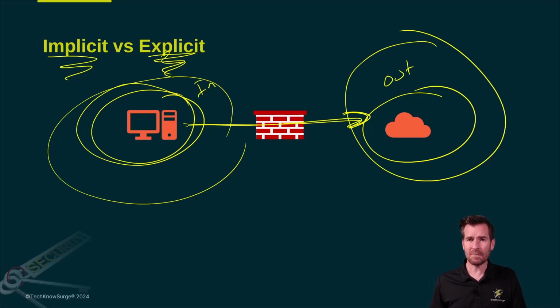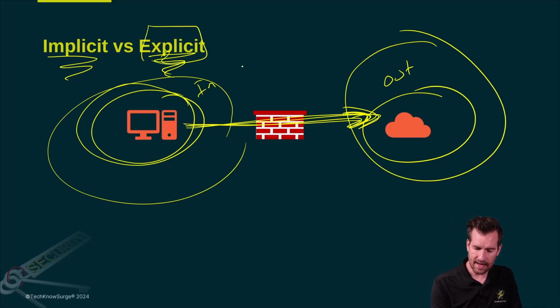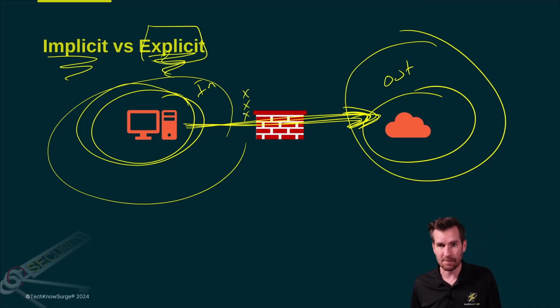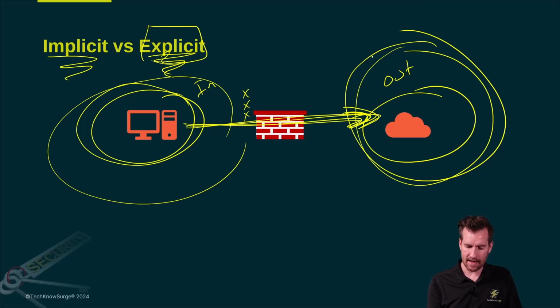So what's going to happen is that there is this implicit, I'm going to allow traffic to go from in to out. So there's this implicit allow. And if you want to block something off, then you're going to have to set up an explicit, I am going to block certain things from being able to go out. Now, reverse, we don't want something from the outside that's untrusted to be able to just get into our network.